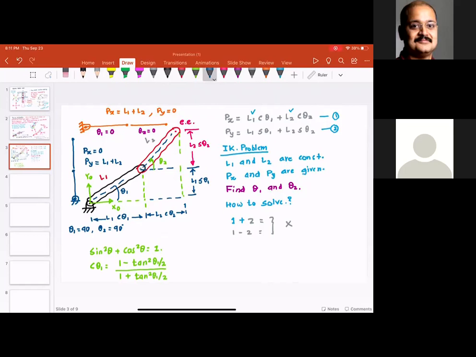And the second point is sine theta 1 is equal to 2 tan theta 1 by 2 divided by 1 plus tan square theta 1 by 2. As you know, these are called half angle formulae.